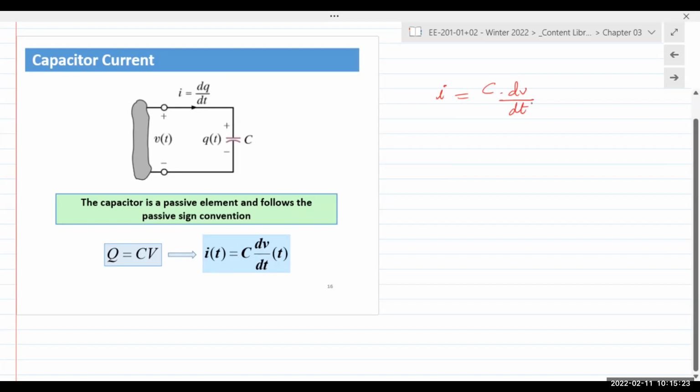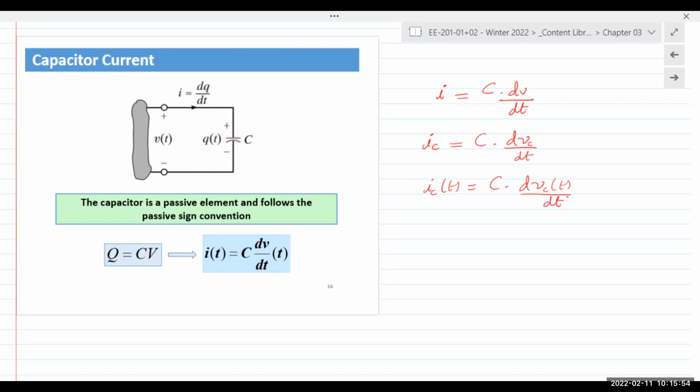And we can use the same manner of notations. IC would be C dVc over dt. And if we describe it as a function of time, we can write IC of t is equal to C dVc of t over dt. And we'll see that in the next slide.